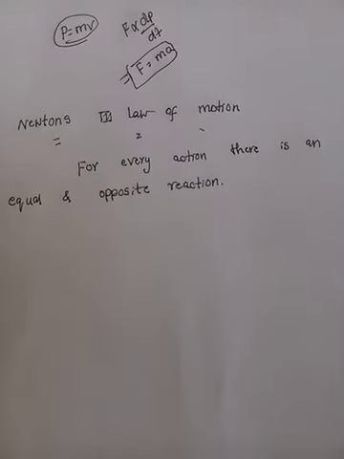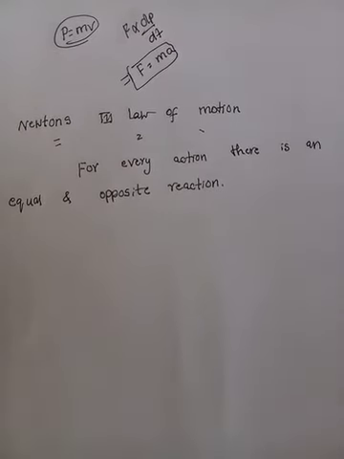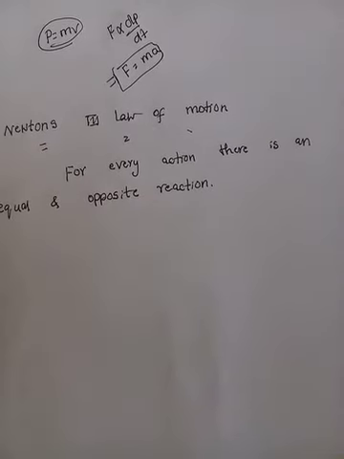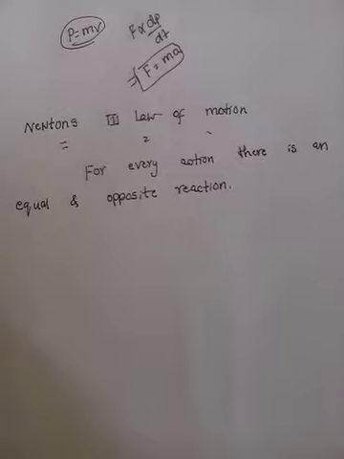And we can give some more examples. A swimmer pushes the water, and the water provides sufficient reaction to move forward. The gravitational force of attraction between two masses also constitutes an action and reaction pair. So all these come under action-reaction pairs.